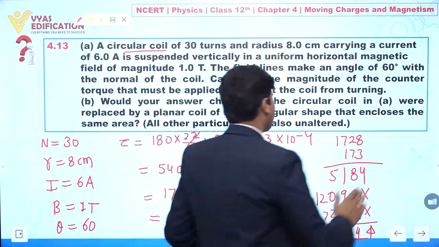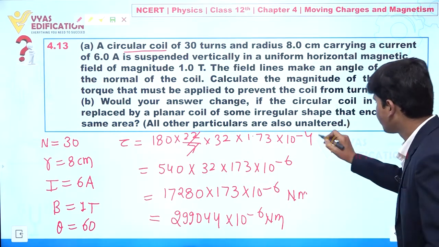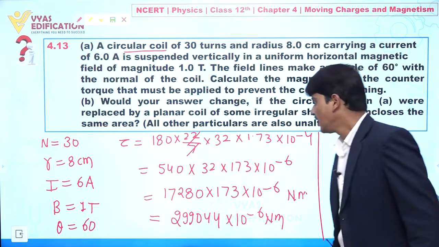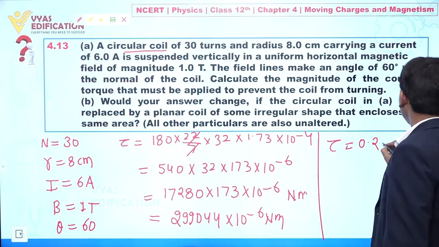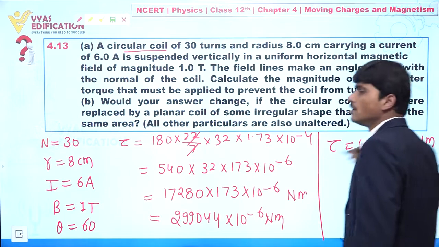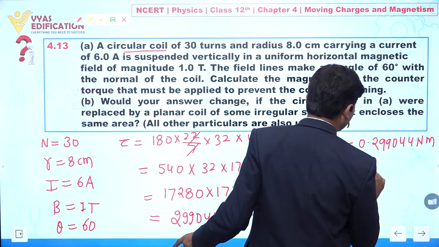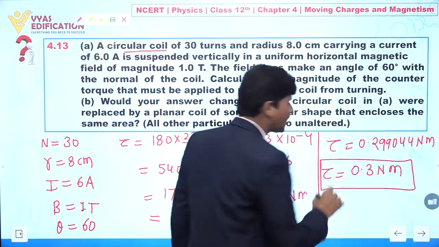Counting the six decimal places, the counter torque is 0.299044 Newton meter. Because we are taking approximations, the correct answer will be approximately 0.3 Newton meter.